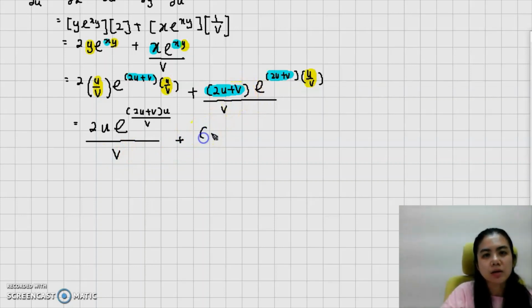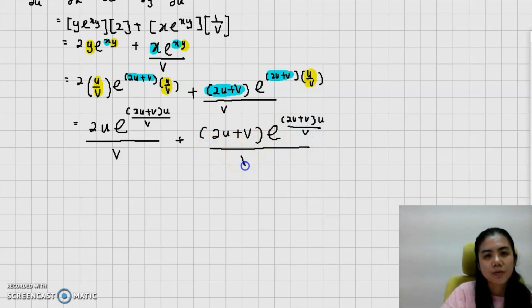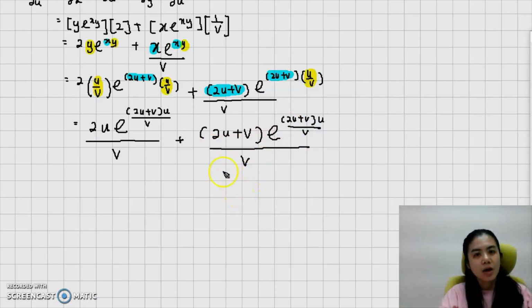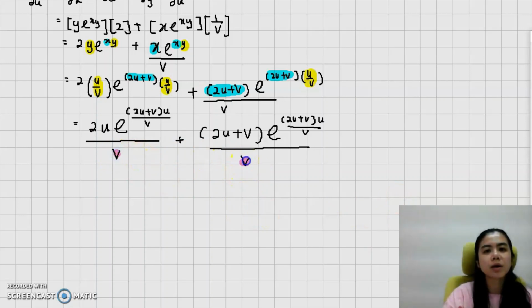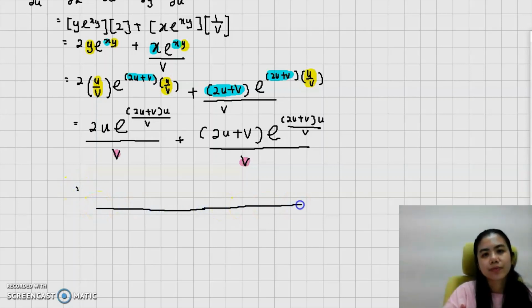We will have (2u+v), the exponent again is (2u+v) multiplied with u over v, and over v again. And you can see that we have the same numerator, so you can group them together. So you just have to write 1 times v now.